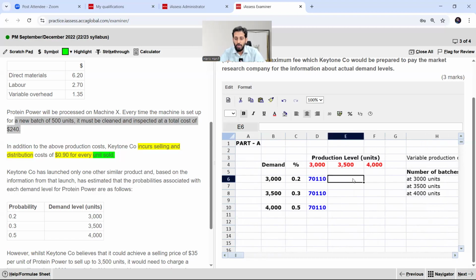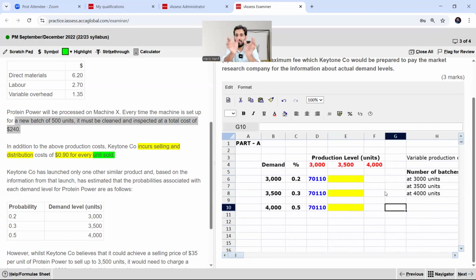Now, production level 3500 units. What does it mean? Please note that in all these three yellow boxes, there is a production level of 3500 and it will be fixed.